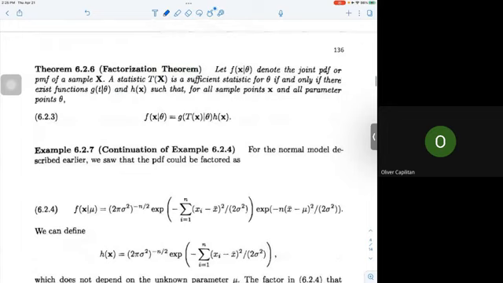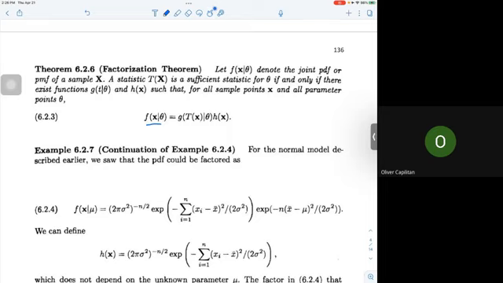So let f be the joint PDF or PMF of the sample. A statistic T of X is a sufficient statistic for the parameter theta if and only if there exist functions g sub T of theta and h of X such that for all sample points, bold small x, and all parameter points, the joint PDF can be expressed as the product of these two functions.